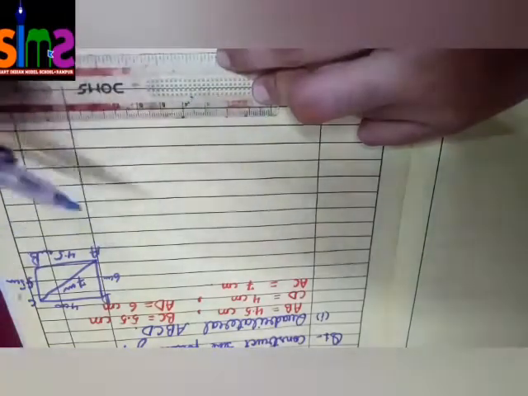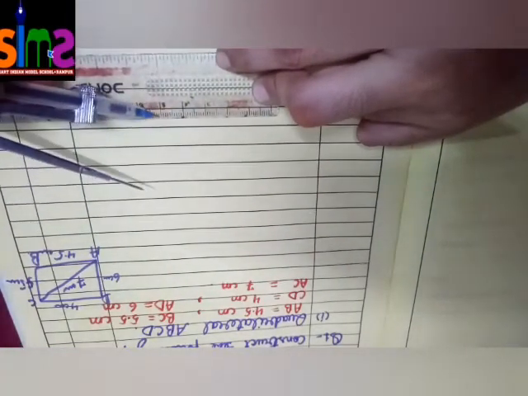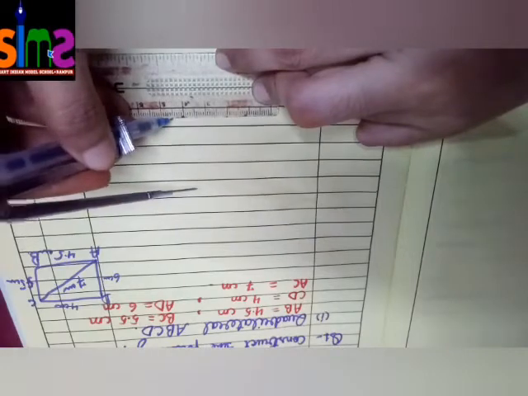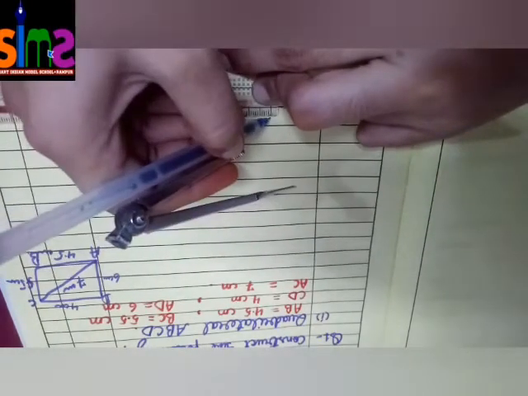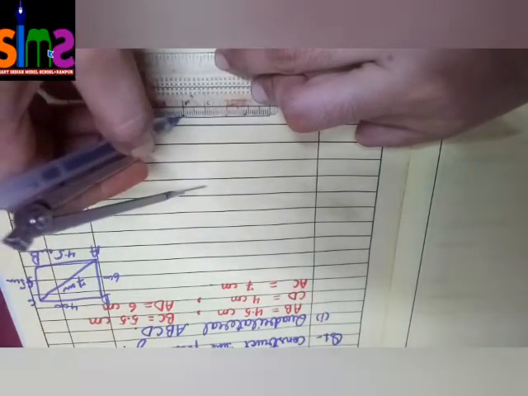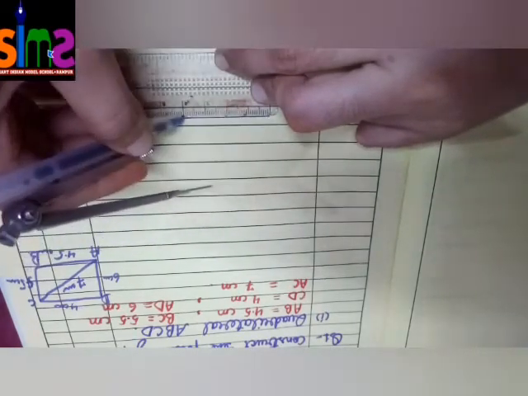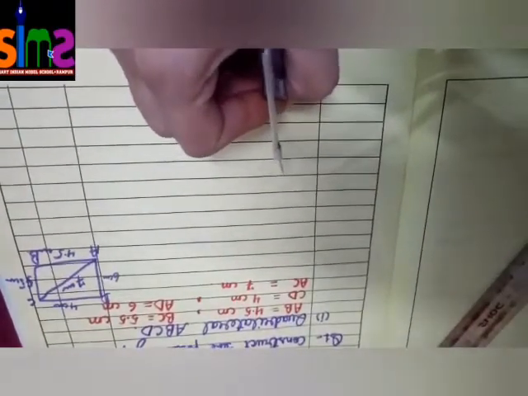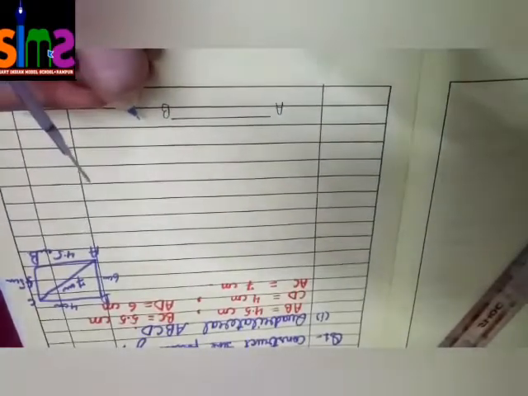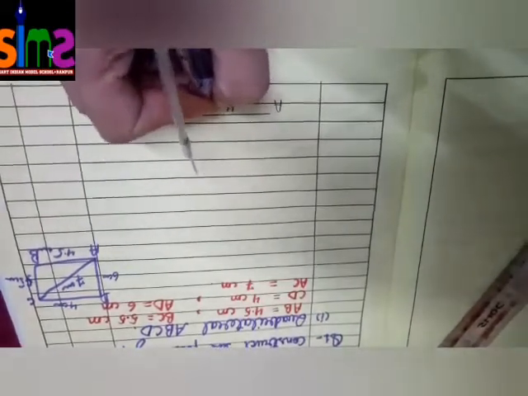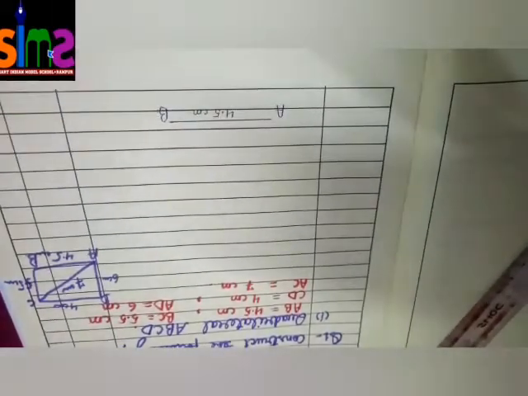Here is 0 and here is 4, here is 5. So 4.5 will be between 4 and 5. 4.5 is here. So from 0 to 4.5 we will draw a line segment and we will write down its name A, B. We have drawn AB of 4.5 centimeters. So we will write down here 4.5 centimeter.